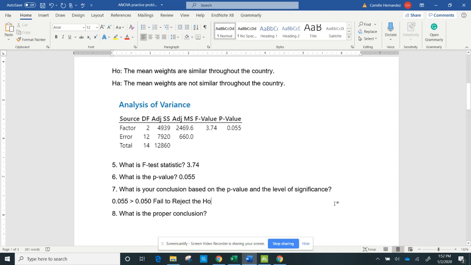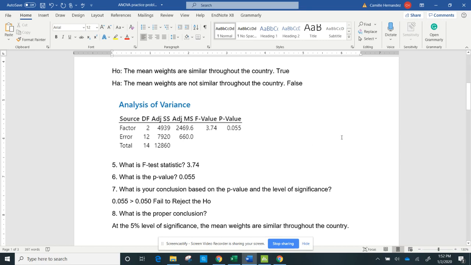Okay. So what's my proper conclusion? So if I fail to reject my null, that means this is true and this is false. So at the 5% level of significance, the mean weights are similar throughout the country.